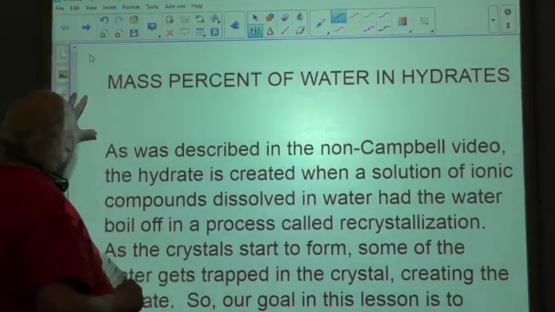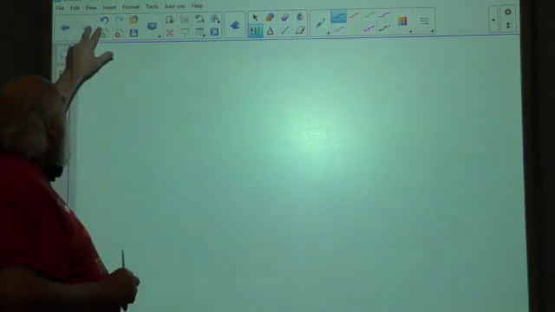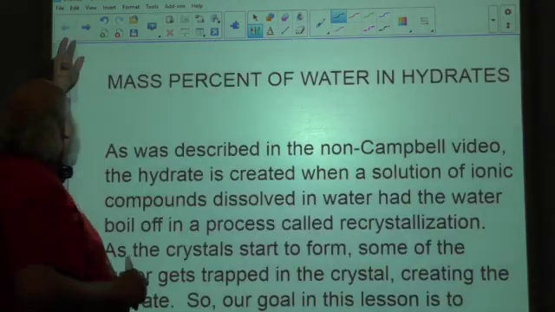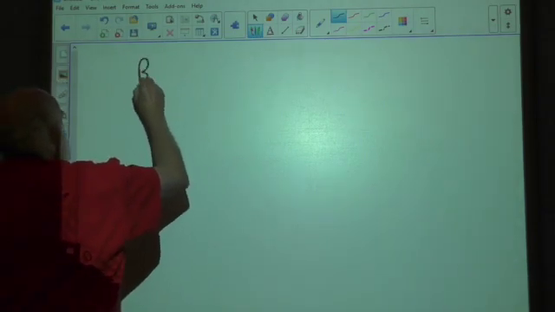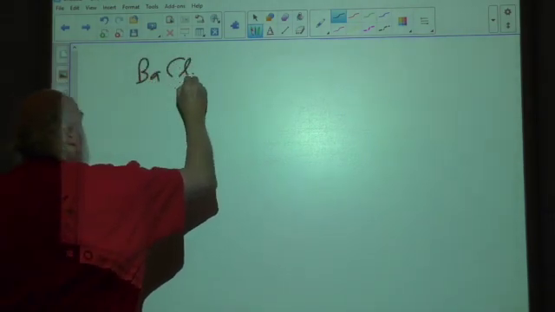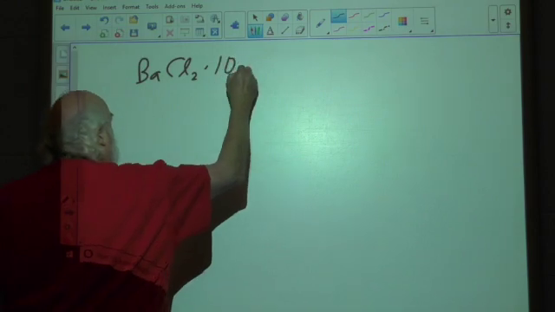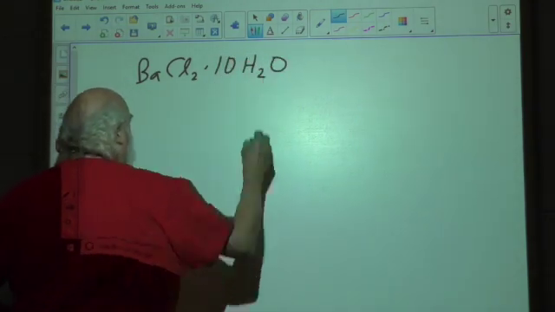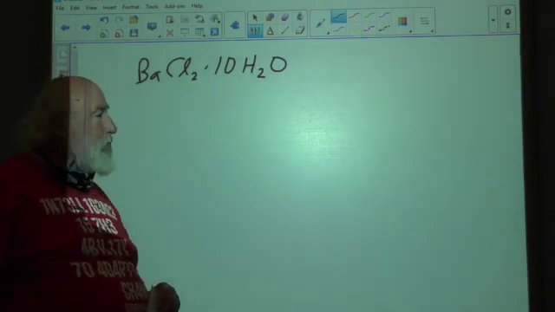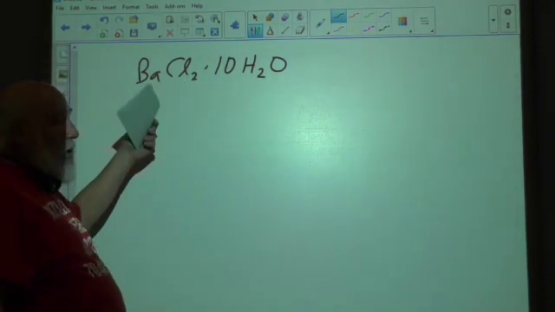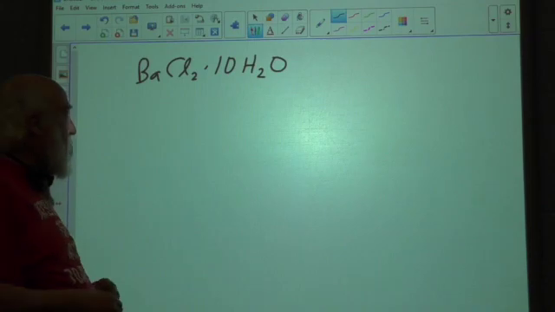Okay, so the way we're going to do this, we're going to start off with this hydrate: barium chloride decahydrate. Now, barium's not a transition metal, so we don't need a roman numeral for this.